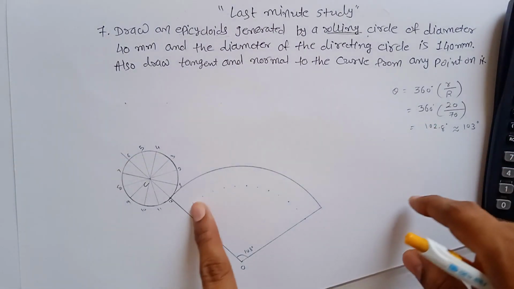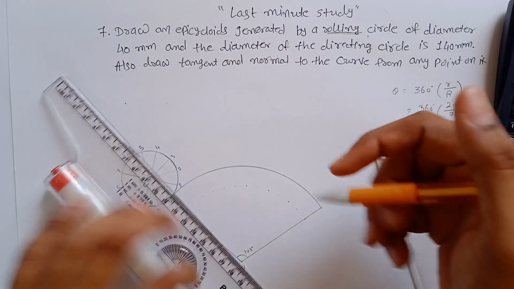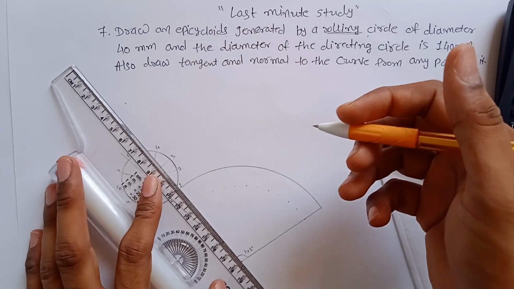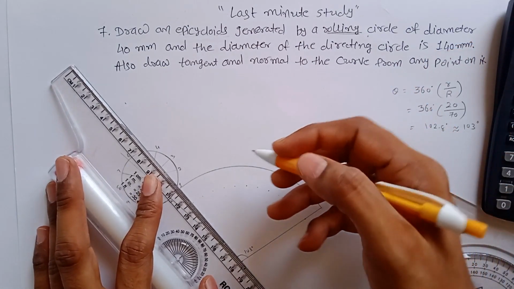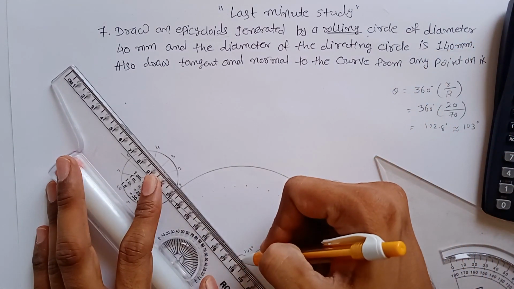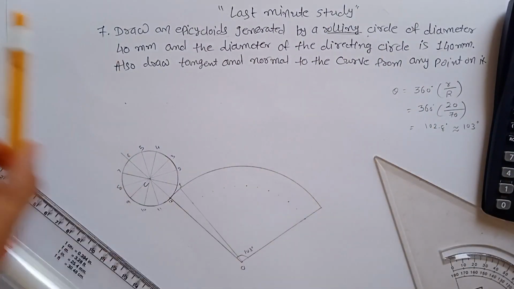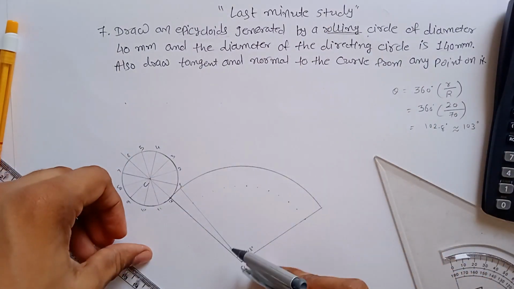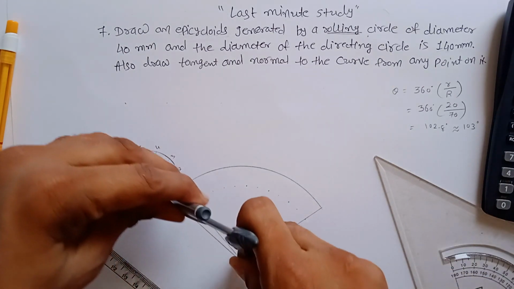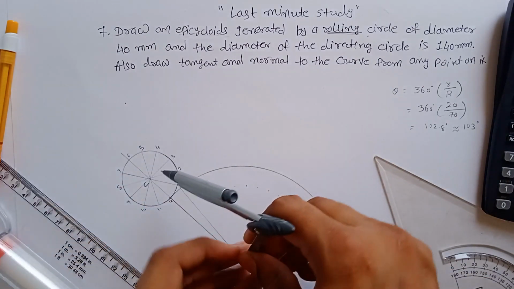I have already divided it like this. Then you have to join these points with the center lines, with the origin, like this. But I'll make one more thing. You have to draw a center arc.